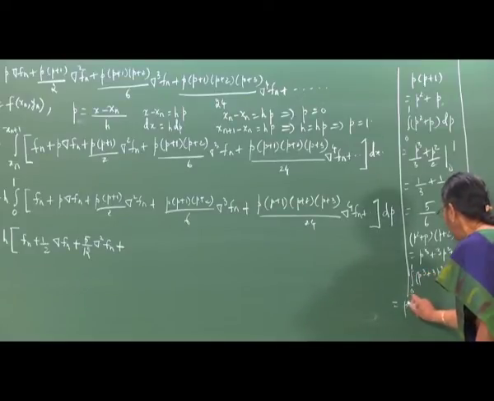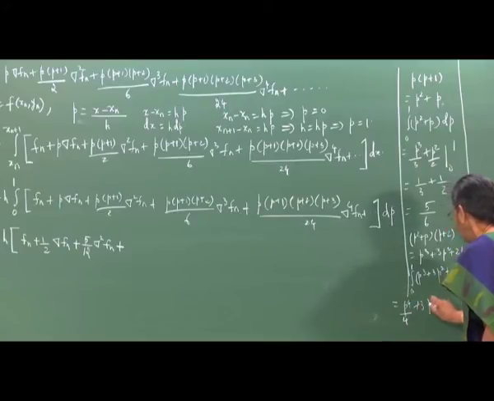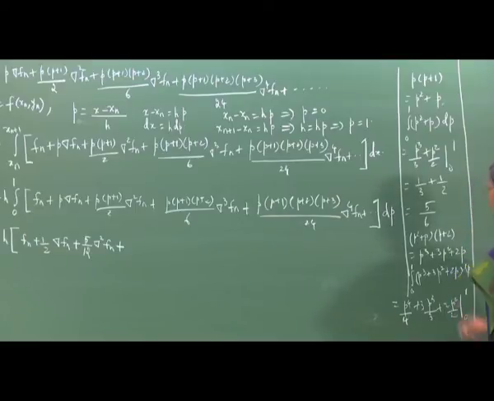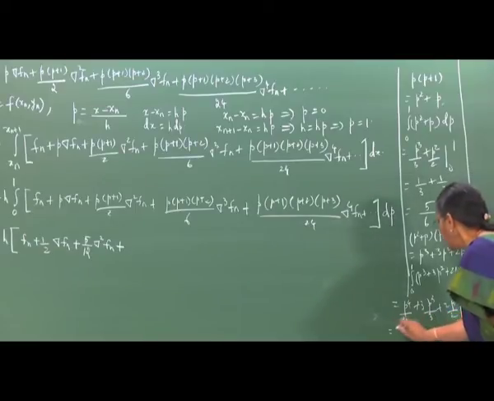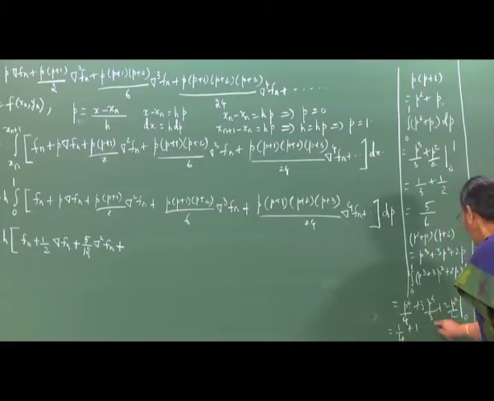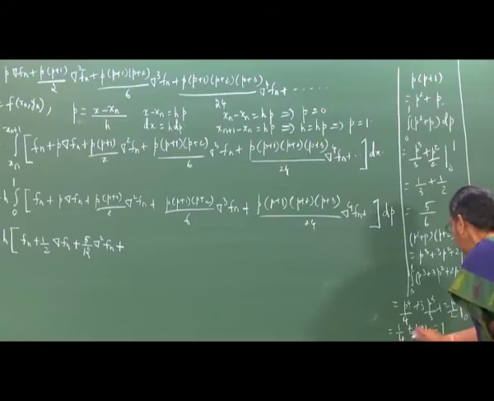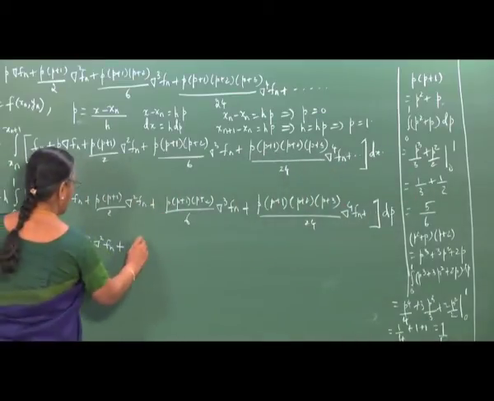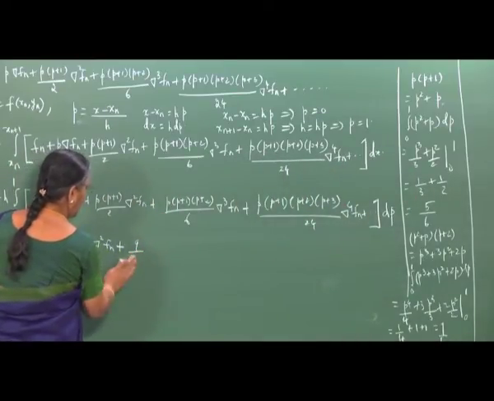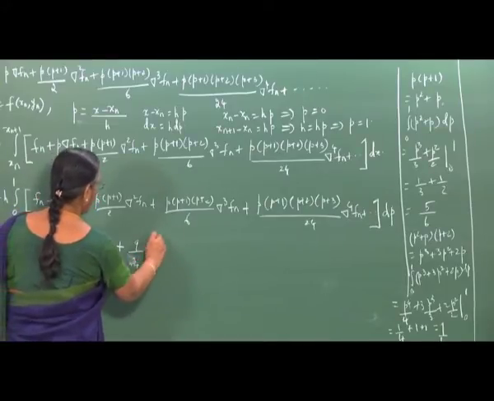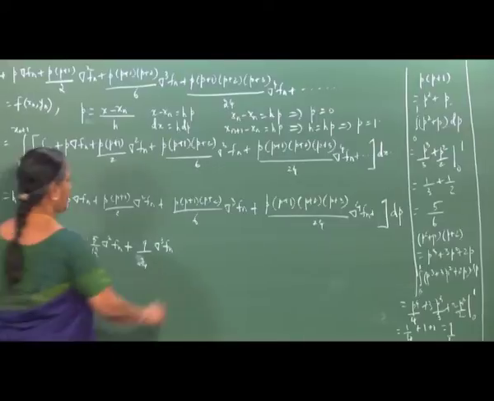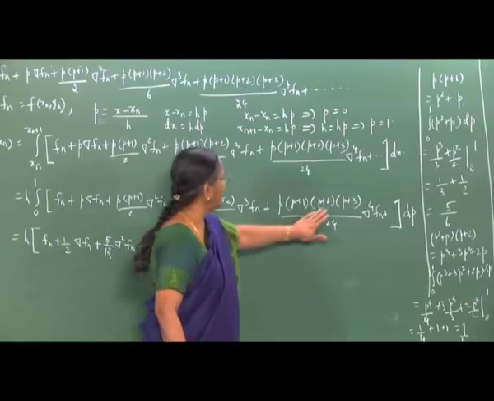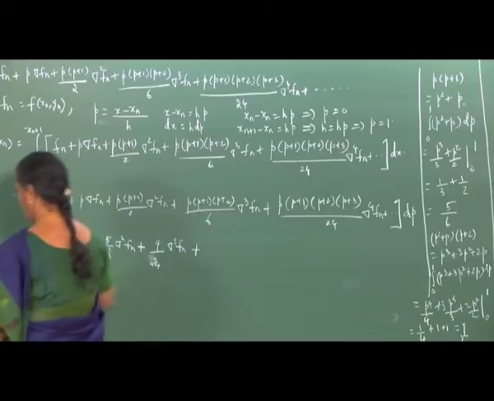So, that will give you p power 4 by 4 plus 3p cube by 3 plus 2p square by 2 between 0 and 1. So, this gives you 1 by 4 plus 1 plus 1. So, we have 9 by 4. So, I have already 6 here. So, 9 by 24 into del cubed f_n, and then I have to perform integration of the next term. So, let us work out the details.